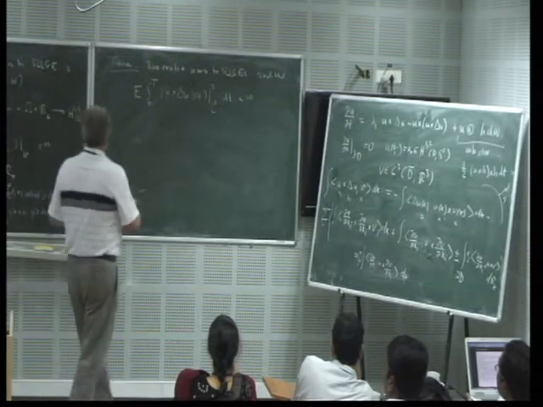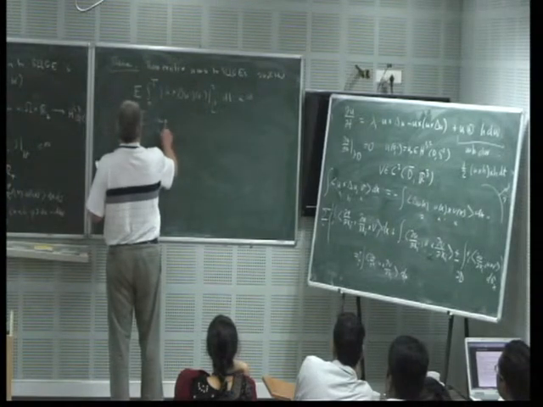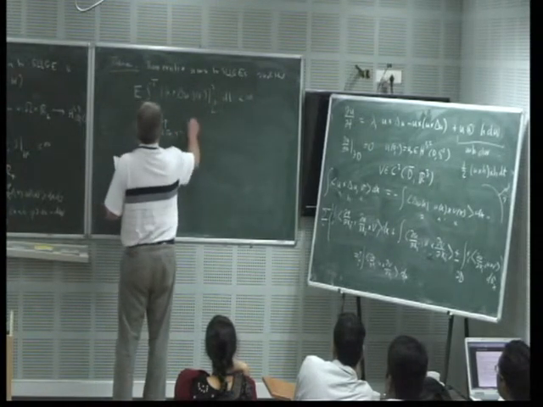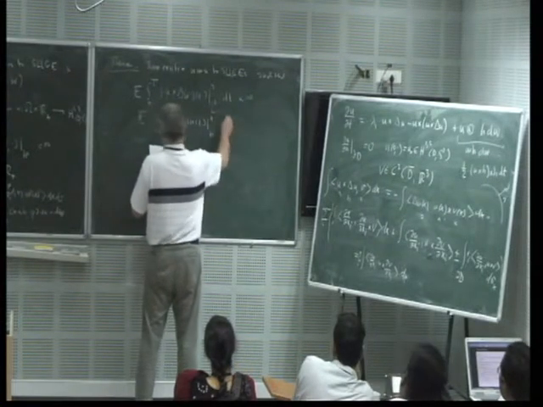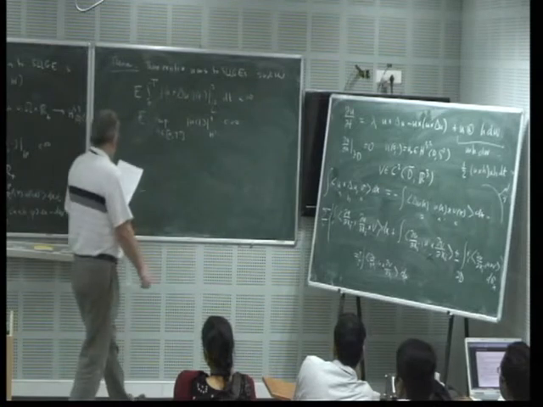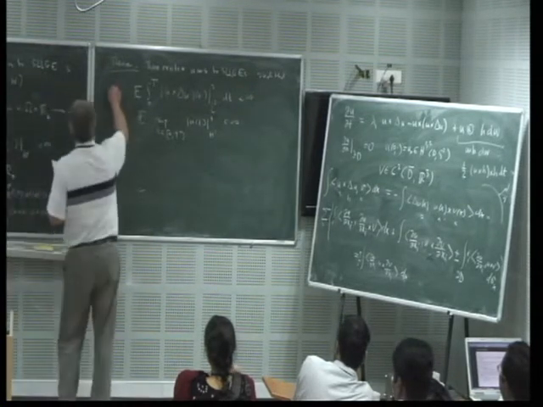Then the second property is that the expected value of the supremum over any finite interval [0,t] of the H1 norm of u to the power 4 is finite.